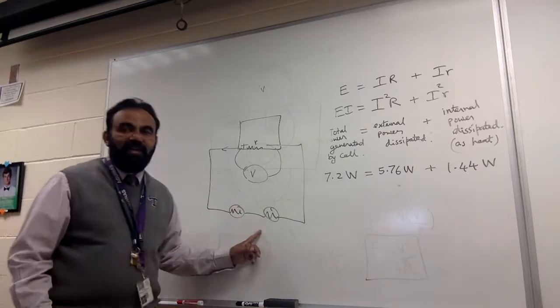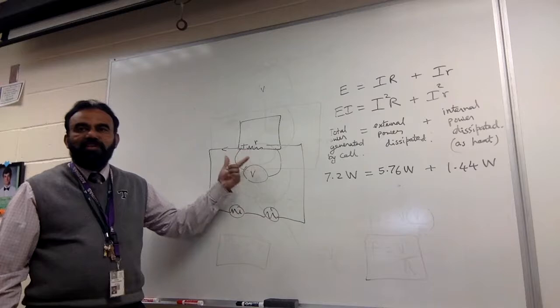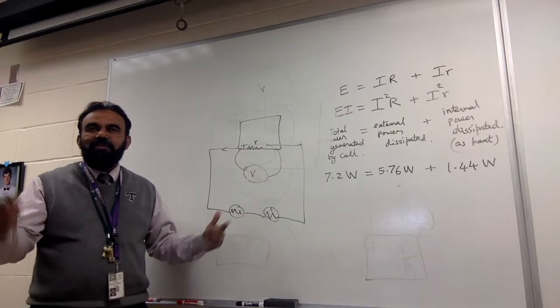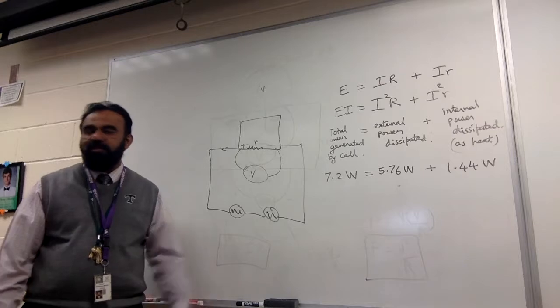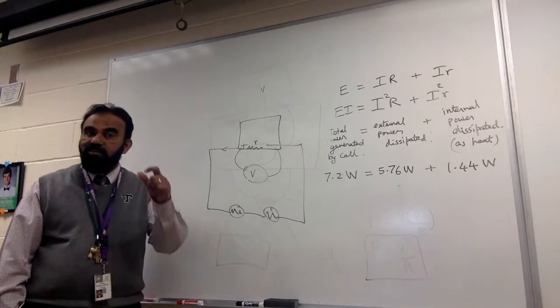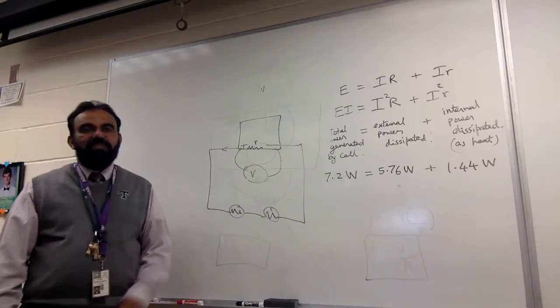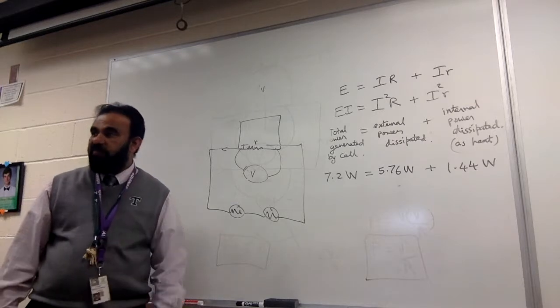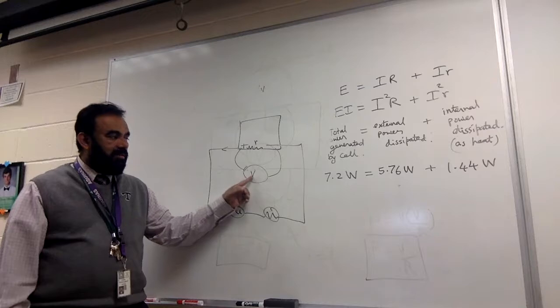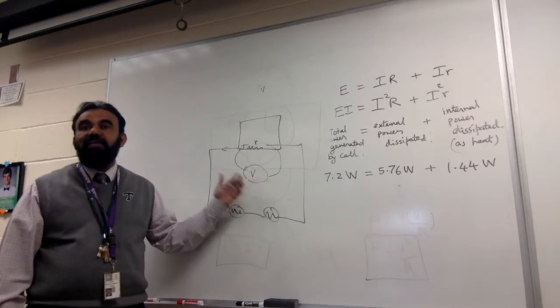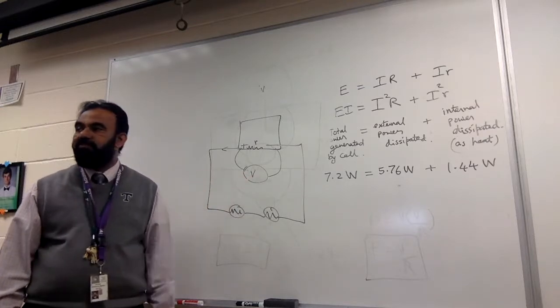As soon as you turn on the headlights, immediately the voltage will drop to maybe 11.5, 11.6. It depends on the battery's condition. If it's a weaker battery, it will drop to even 11 or 10 point something. So the terminal potential difference across a battery can even fall that much.